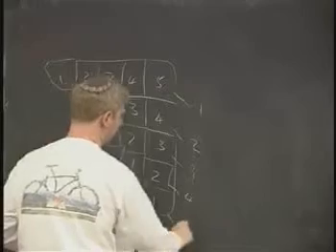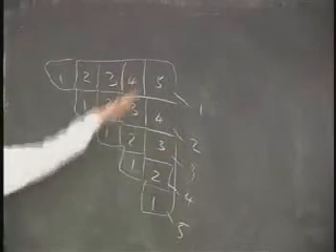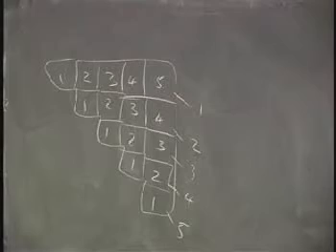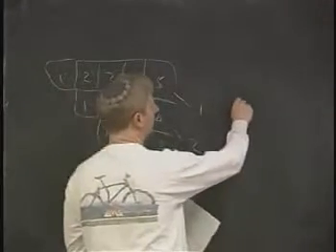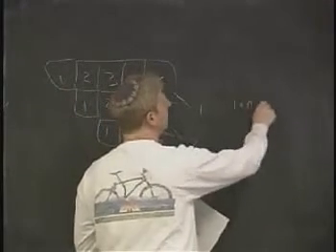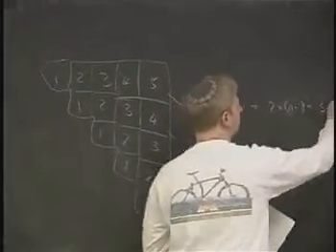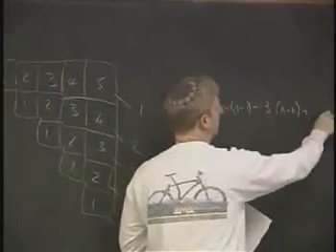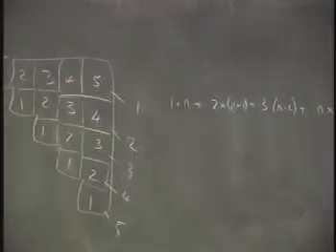So there's one of these, it takes 5 steps. 2 of these, they take 4 steps. So the numbers reverse. So we get a sum that looks like this: 1 times n plus 2 times n minus 1 plus 3 times n minus 2 all the way up to n times 1. It just reverses.